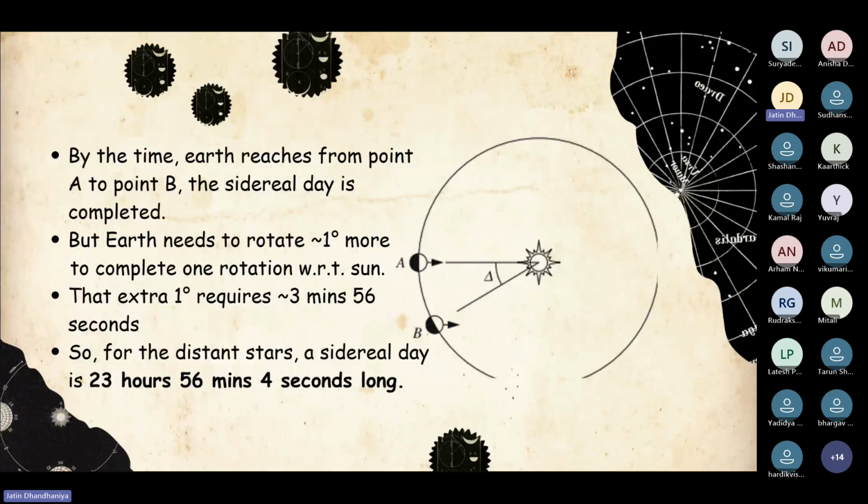And that extra 1 degree requires approximately 3 minutes and 53 seconds. So for the Sun, the whole solar day is 24 hours. But with respect to a distant star, a sidereal day is 23 hours, 56 minutes, and 4 seconds long. And that 1 degree contributes the other 3 minutes, 56 seconds part.